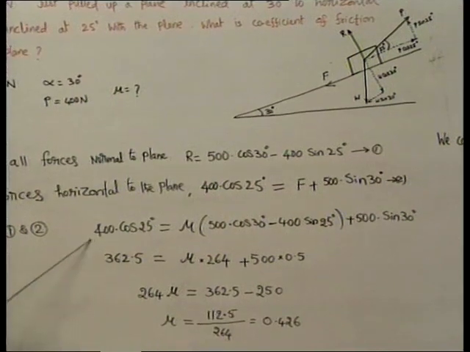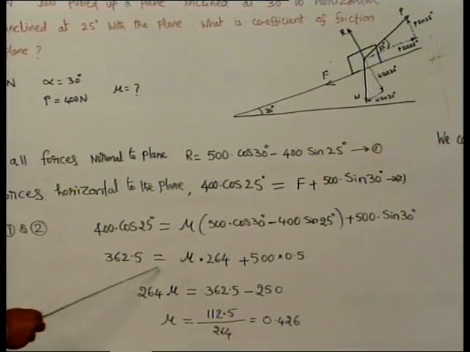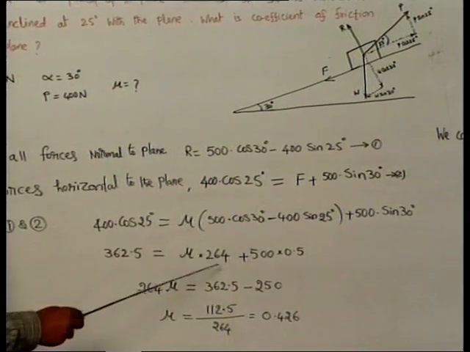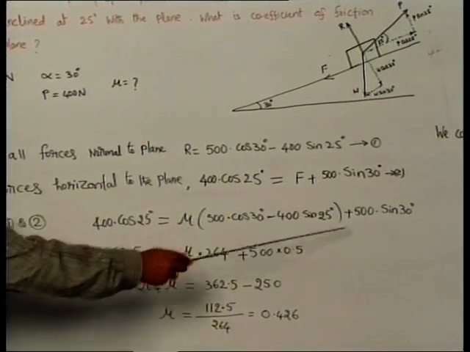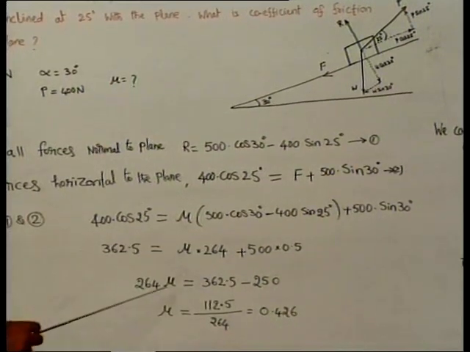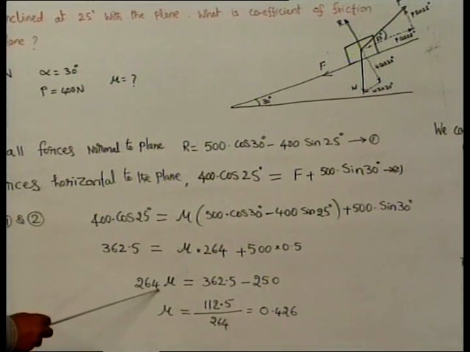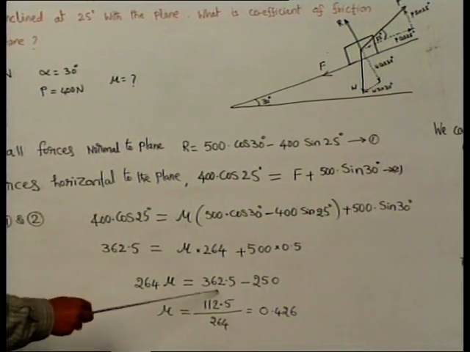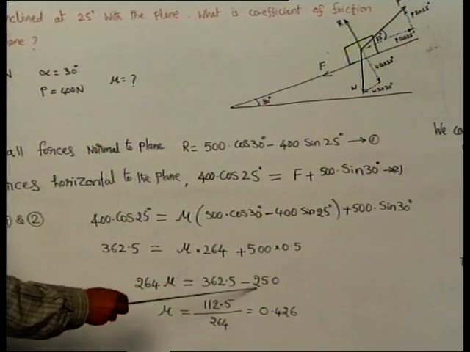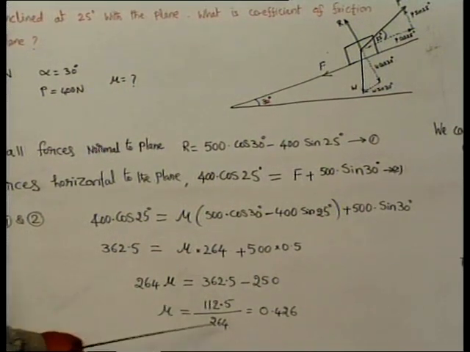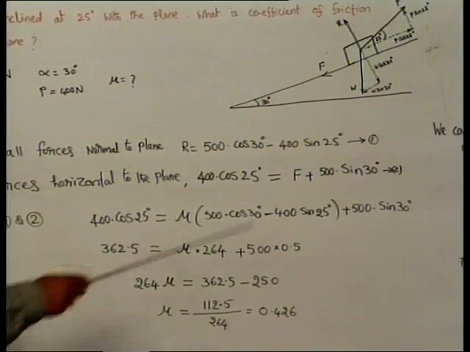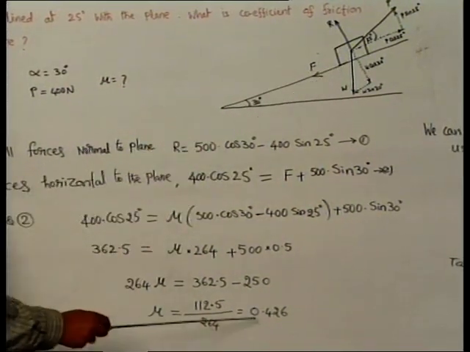The value of this thing is 362.5, equal to mu into, simplifying this I will get 264, plus 500 into 0.5, that is the sin 30 value. 264 mu is equal to 362.5 minus this figure, that is 250. So mu is equal to 0.426, that is the coefficient of friction between the body and the plane is 0.426.